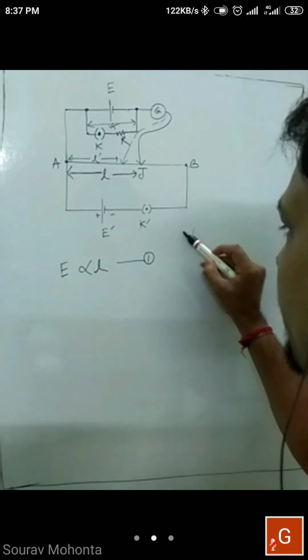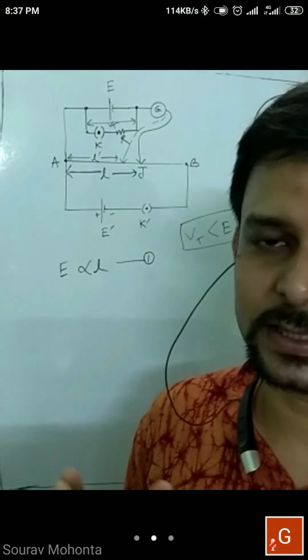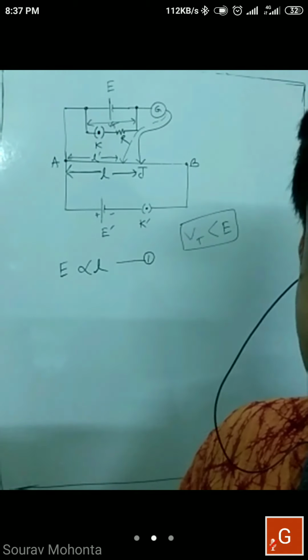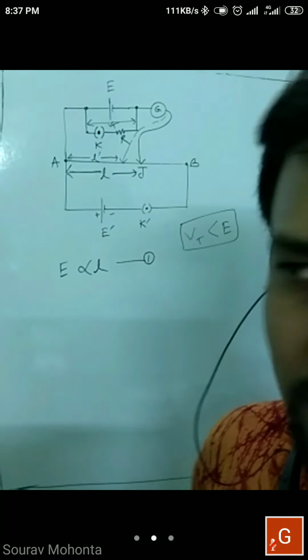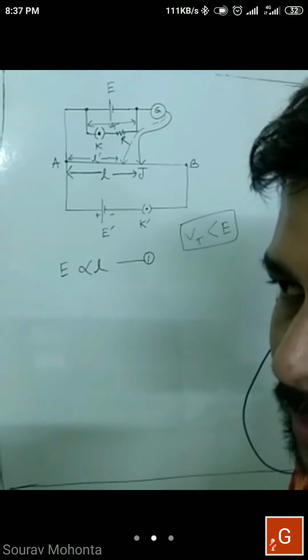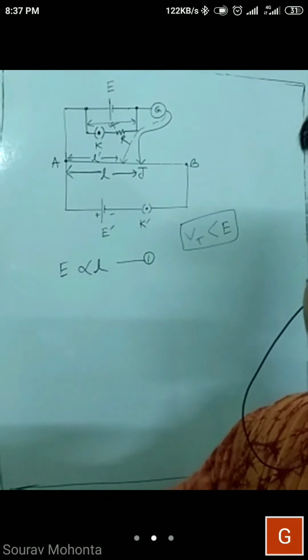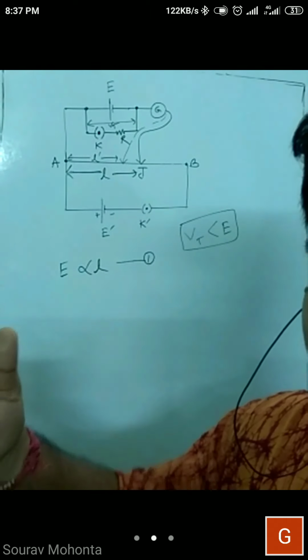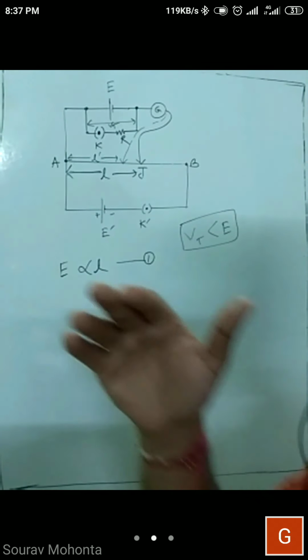We all know the terminal voltage is less than EMF, because EMF minus internal voltage is equal to the terminal voltage. EMF is the work done to flow unit charge outside as well as inside, while the terminal voltage is the work done in the external resistor.